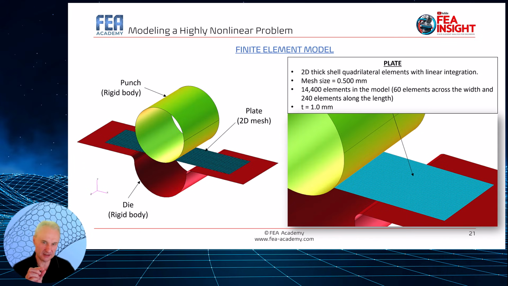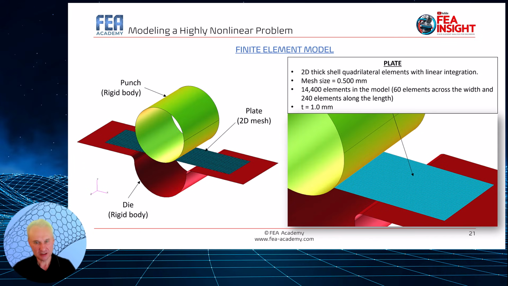This contact is almost aligned with a large amount of sliding. Okay, so a lot of elements are required in order to capture this local effect. The thickness of the associated property for the plate, the quad elements here, is 1 millimeter.